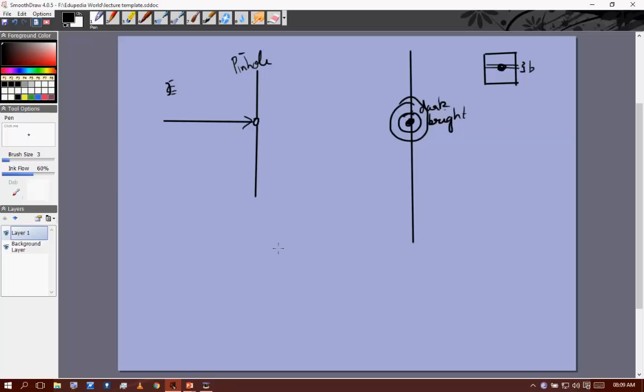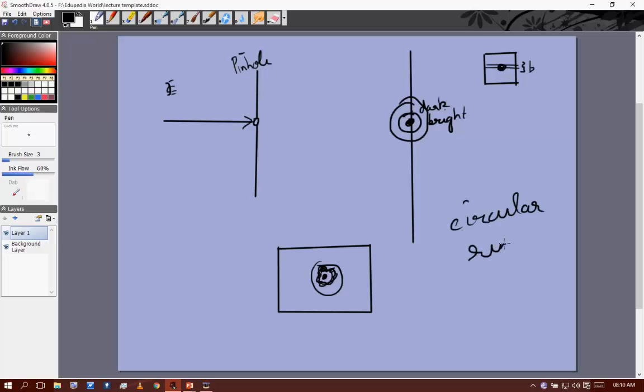And if we were to look at this with our eyes at this point, then instead of bright and dark bands, it would look to us like a bright spot and then some dark region, and then some bright region, and then some dark region, and then some bright region, and then some dark region. So instead of seeing wide bands, what you would be seeing would be circular rings. So this geometry is very important to know the clear difference between a slit and a pinhole.